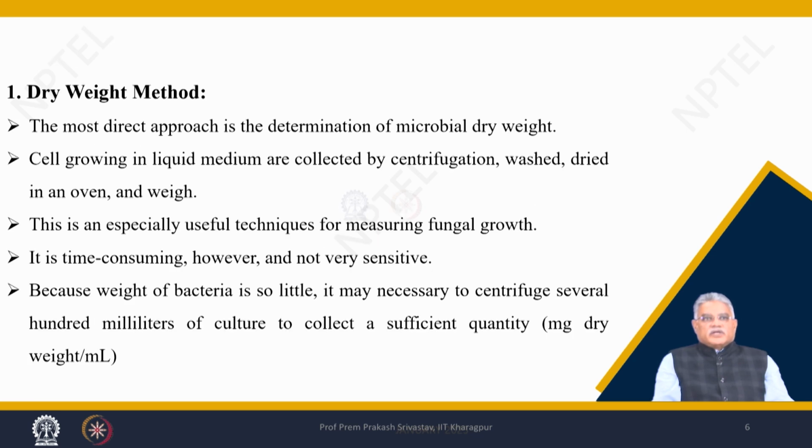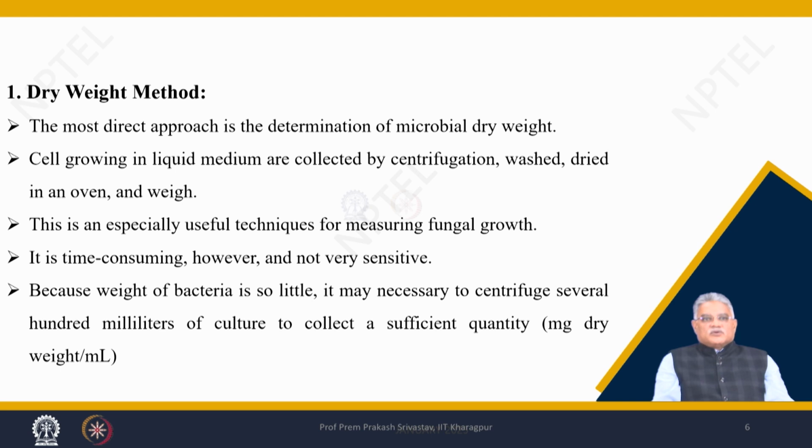Dry weight method. The most direct approach is the determination of microbial dry weight. Cells growing in liquid medium are collected by centrifugation, washed, dried in an oven, and weighed. This is an especially useful technique for measuring fungal growth.